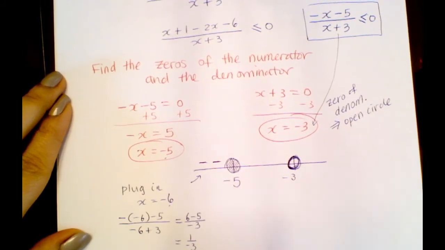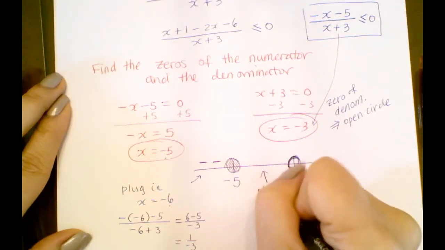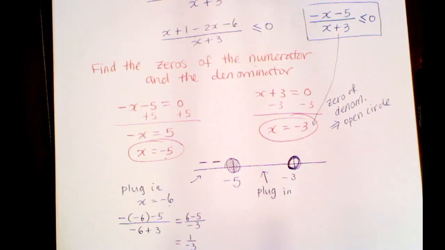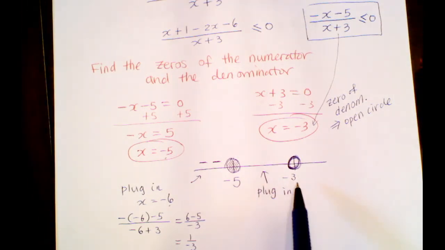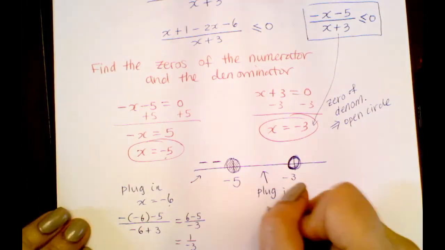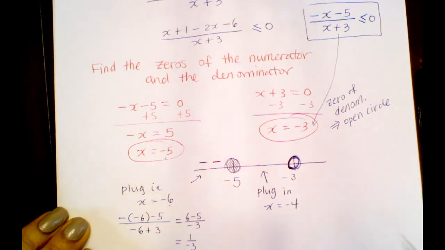Okay. Now let's plug in a number in between negative 5 and negative 3. Very often people accidentally plug in the wrong number, something like negative 2 or negative 6. But what's really in between negative 5 and negative 3? Negative 4. x equals negative 4.